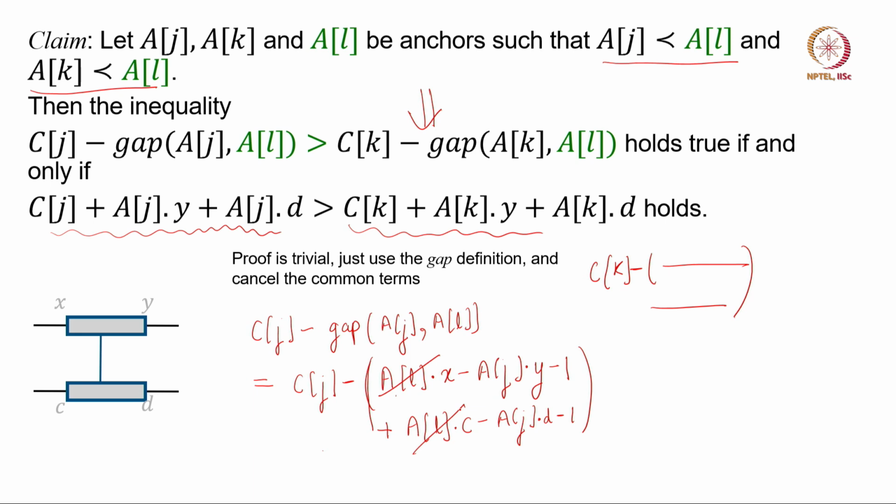Once you cancel the Al terms on both sides, you will end up with this inequality because the coordinates of anchor Al will cancel on both sides. What that gives you is that the choice between anchor Aj and Ak can be made by just knowing the coordinates of anchor Aj as well as the coordinates of anchor Ak.